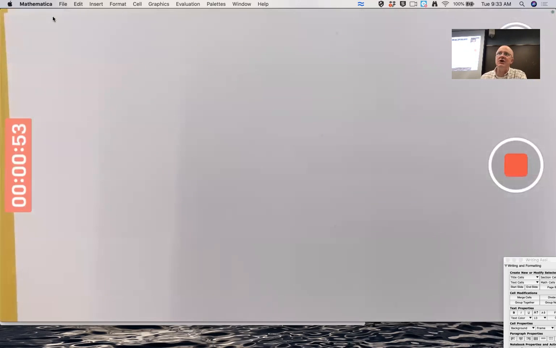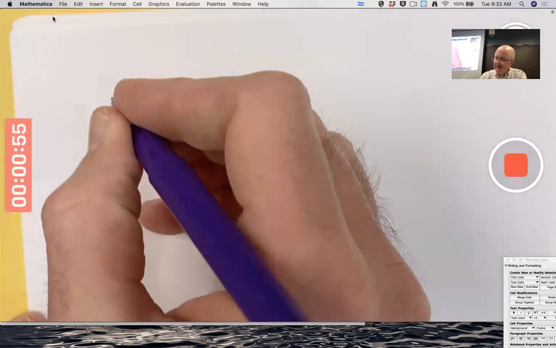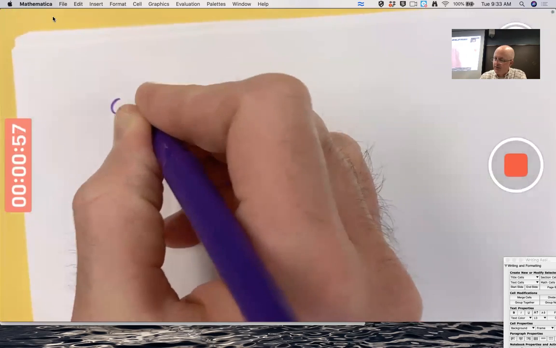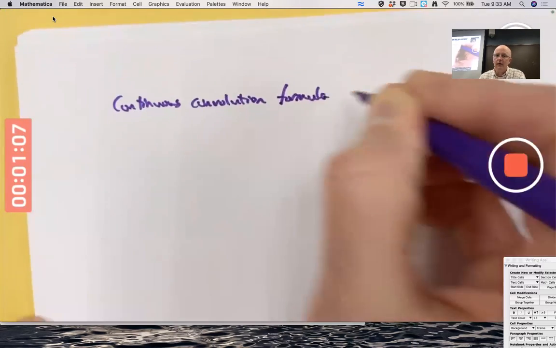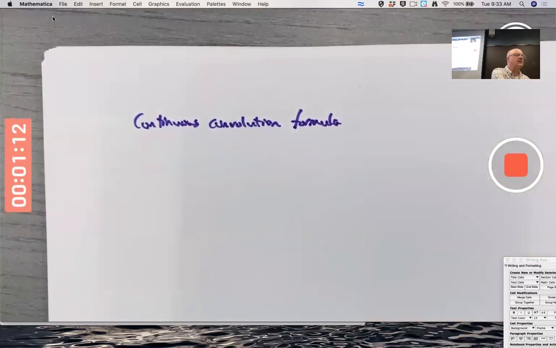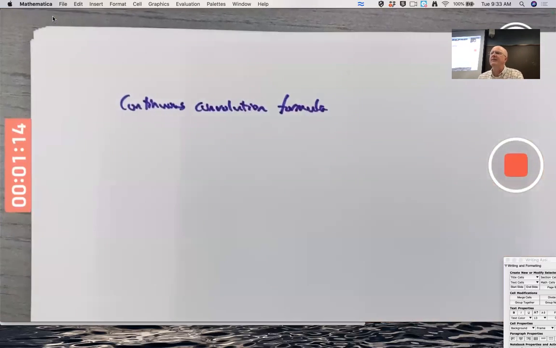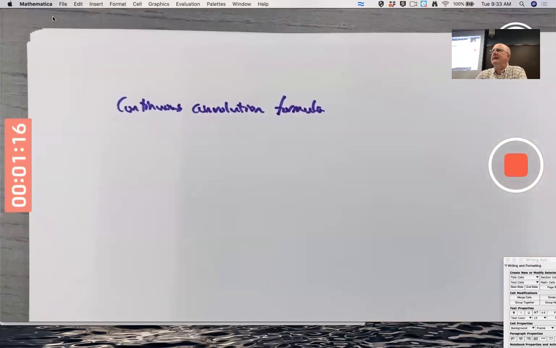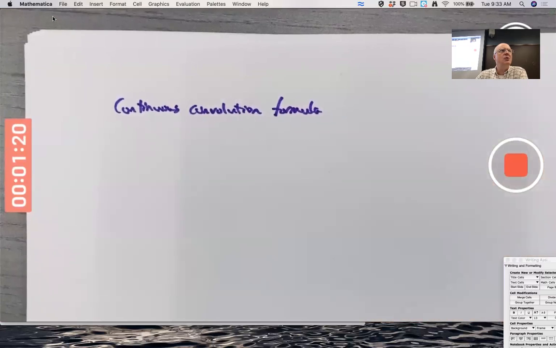So let's think about it in general. We're looking at something called the continuous convolution formula, in a special case, for finding the PDF, probability density function, of the sum of two non-negative continuous random variables.